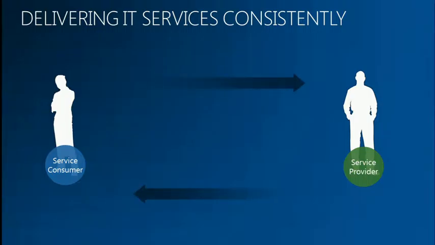We have these concepts of a provider and a consumer. It is an interdependent relationship where, as a provider, I have the task of standardizing the offerings I'm going to make available to my consumers so that they get almost a menu list when they come to IT.